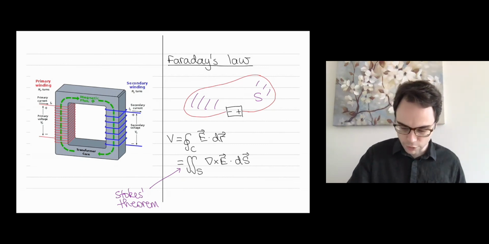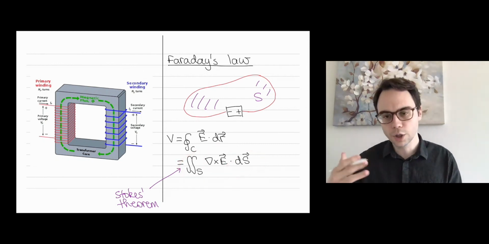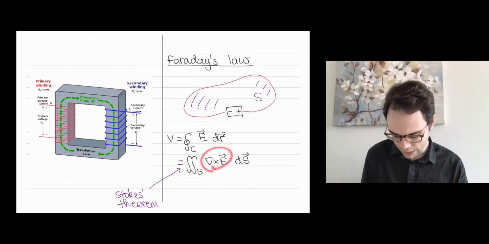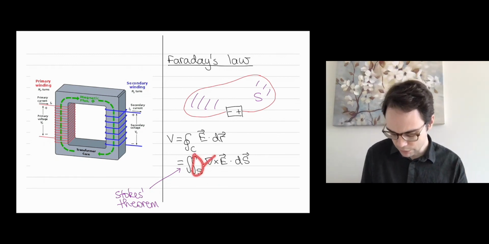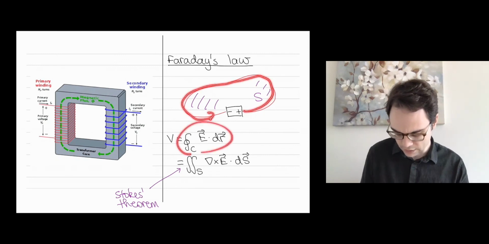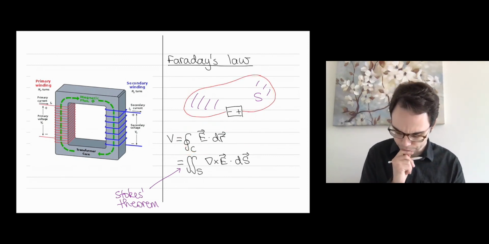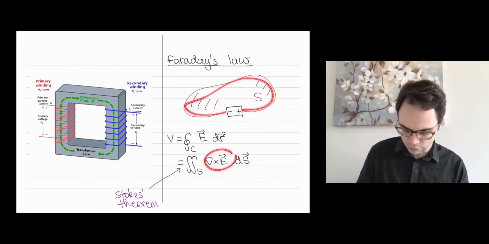So if I have a surface and I integrate the curl of an electric field, by Stokes' theorem I can forget about the curl and remove one of the integrals, just replace the surface by its boundary curve and get this integral over here. So by Stokes' theorem, the voltage is the flux of the curl of E.